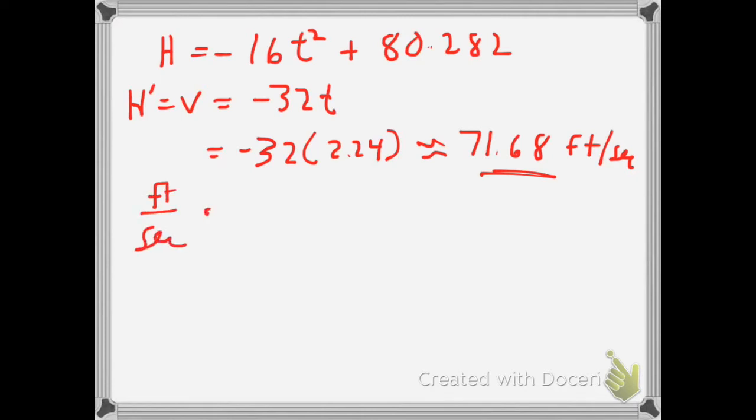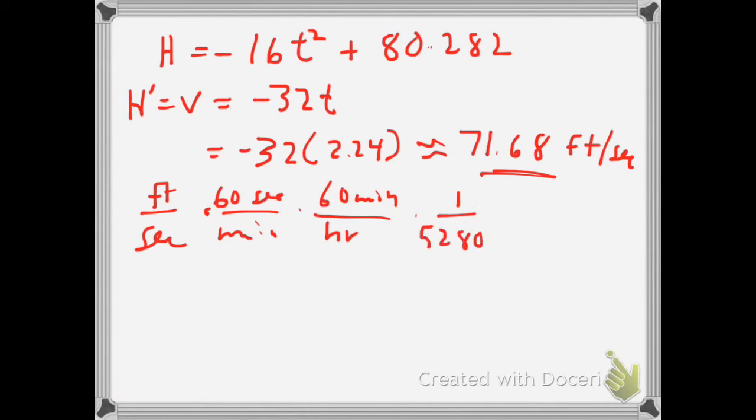We're going to multiply that by the fact that there are 60 seconds in a minute and 60 minutes in an hour, and there's 1/5280th of a mile per foot.